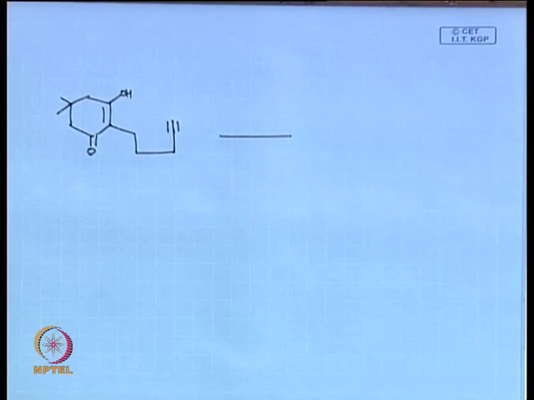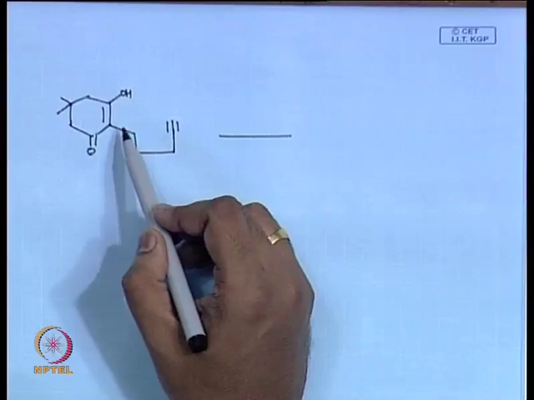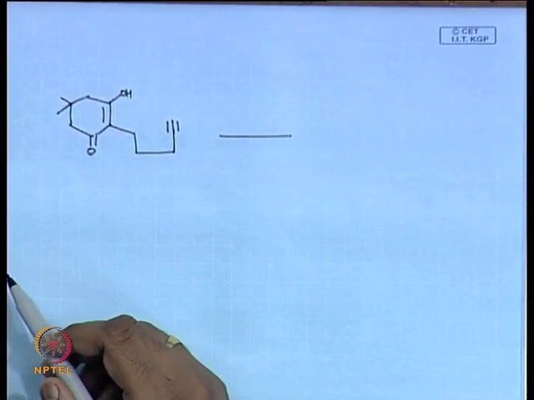If you carry out an ene reaction here, so it should be what?